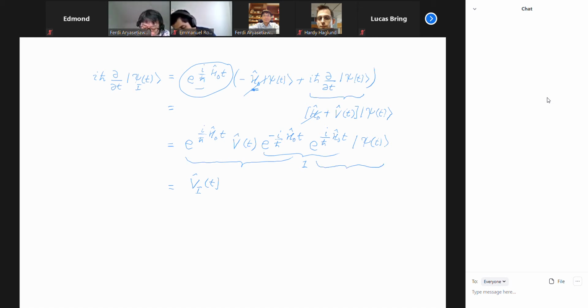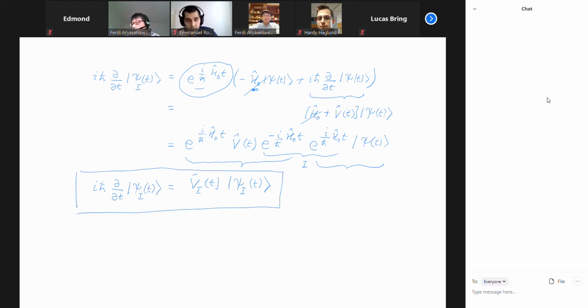So it nicely gives us this Schrodinger equation in the interaction picture. That's the corresponding time-dependent Schrodinger equation in the interaction picture.